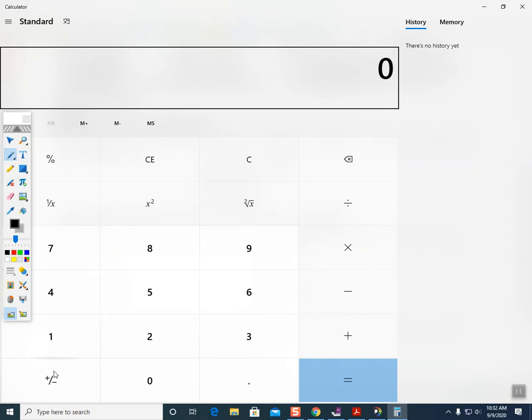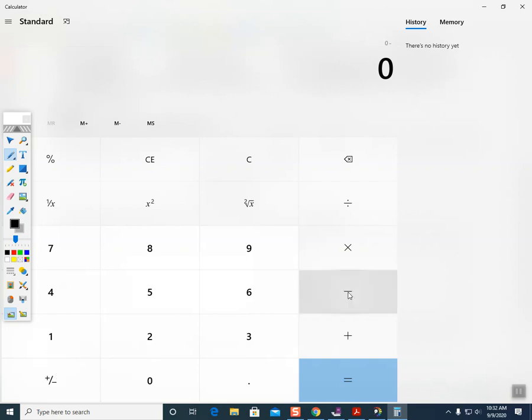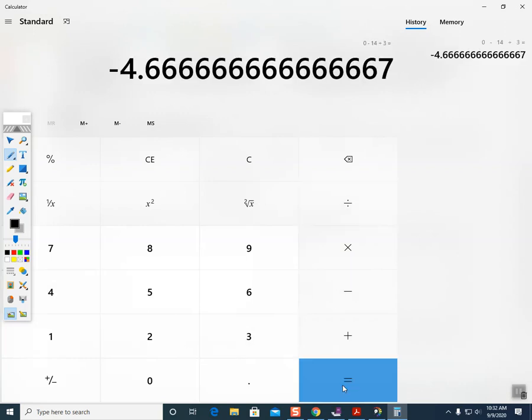So I've got negative 14 divided by 3. When I do that, it gives me negative 4.66666666666 repeating forever and ever. I don't want to do that, okay? This is not helpful to me. If I were to keep going using this value, all of these decimal points are not helpful to me.